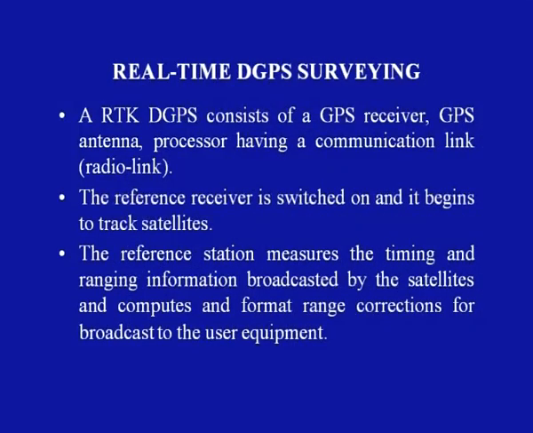An RTK DGPS consists of a GPS receiver, GPS antenna, and a processor having a communication link, that is a radio link, between the two receivers. The reference receiver is switched on and it begins to track satellites. The reference station measures the timing and the ranging information broadcast by the satellites and computes and formats range corrections for broadcast to the user equipment.